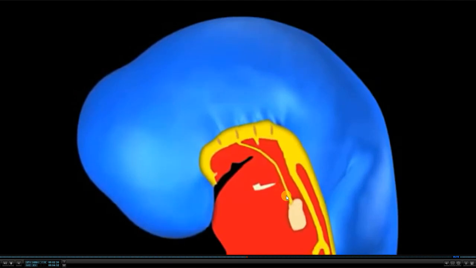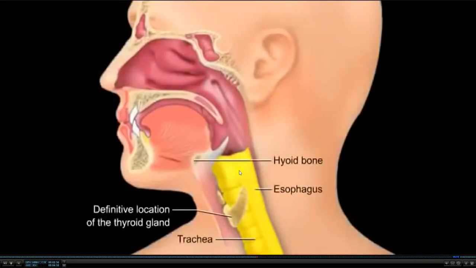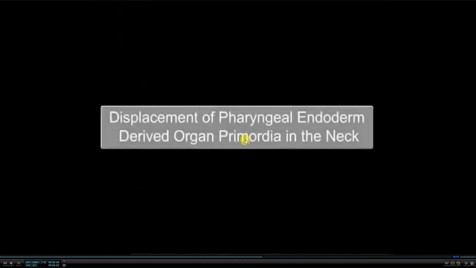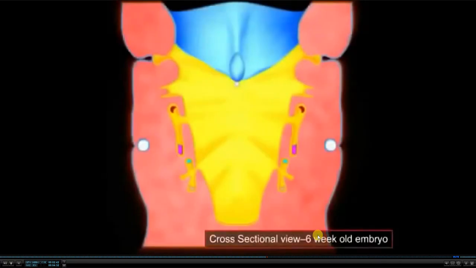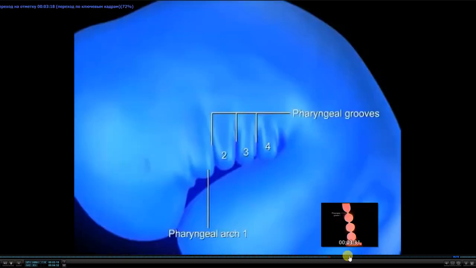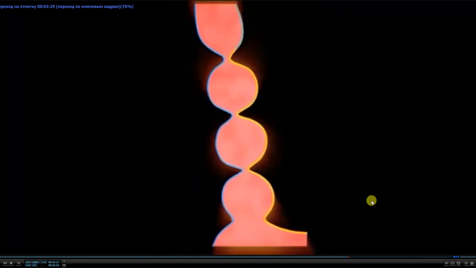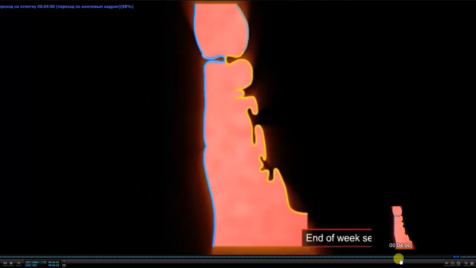We will discuss this, and this thyroid gland descending. So here is the endocrine embryology. You can observe it by yourself if you want. This also will be discussed.